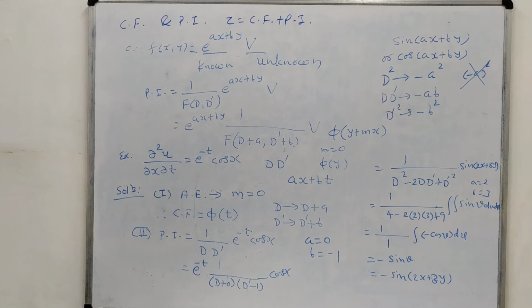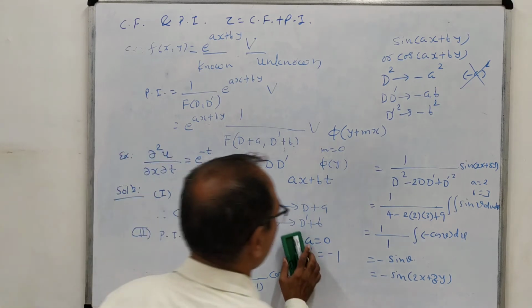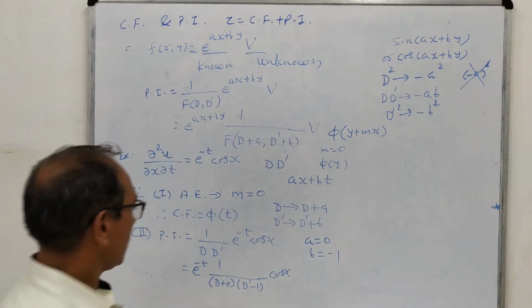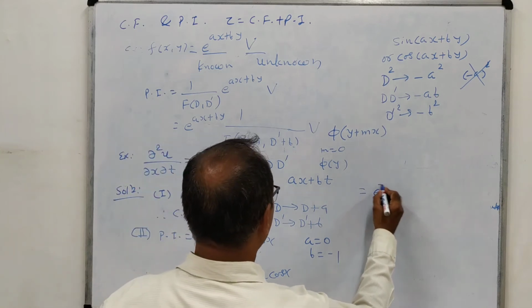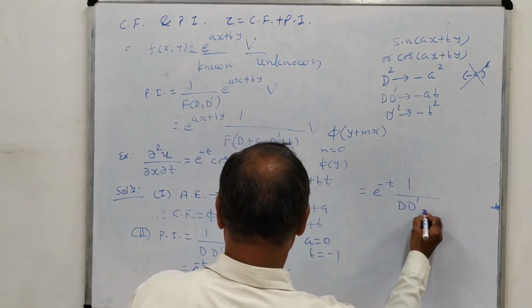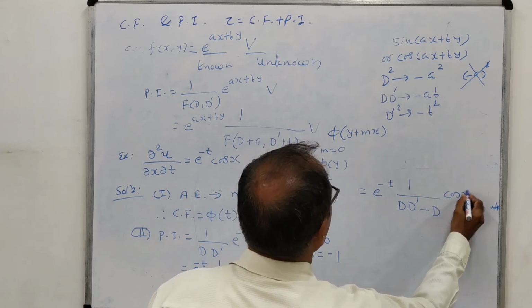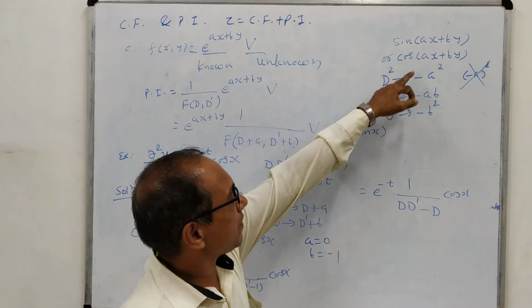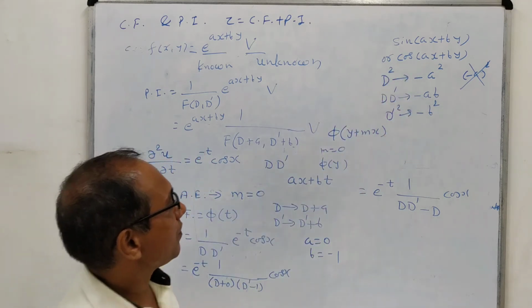So now we can do this example very easily. Now see. This is equal to e raised to minus t, 1 upon D into D dash minus D, into cos x. Now see, it is the case of cos x. There we have seen the case of sin ax plus by and cos ax plus by.